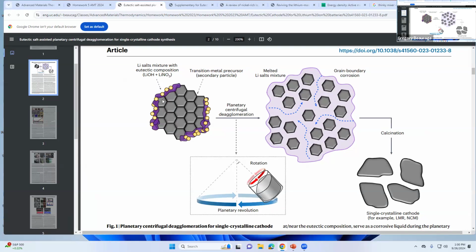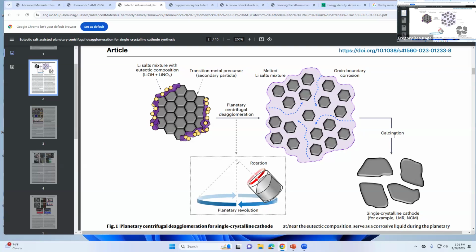So anyway, they show what starts, and this is the bad one that's going to break apart into pieces, and every time it breaks apart, it's going to form that rock salt on the surface, which depletes the active material and makes it a bad cathode. Eventually, that's a decay process. So somehow they're going to put in magic foo-foo dust, lithium hydroxide, lithium nitrate, and somehow it's going to rip these things apart. And when those things are ripped apart, they later anneal this thing.